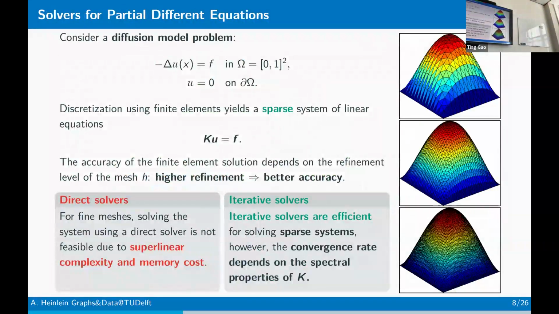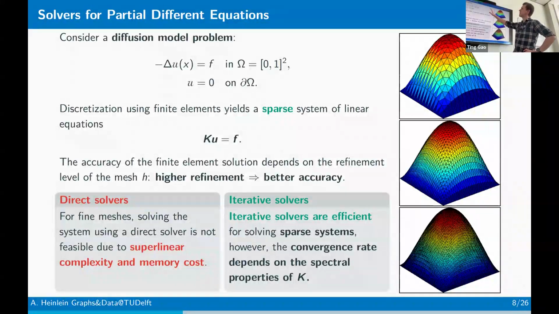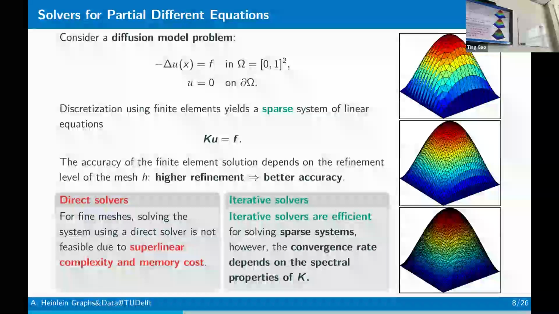Now I'll come a bit more to modern use of domain decomposition methods. Well, it's still, as I said, mostly scientific computing. So here I consider still a simple problem, a diffusion problem. And typically, in order to get an accurate solution, you would like to refine your mesh. And now there are some problems because eventually, while doing that, you have to solve linear equation systems.